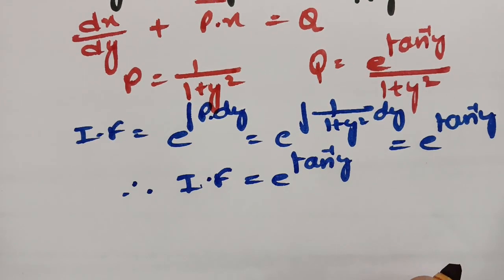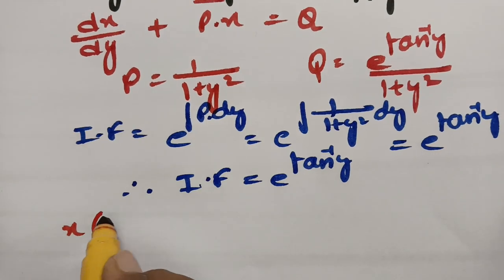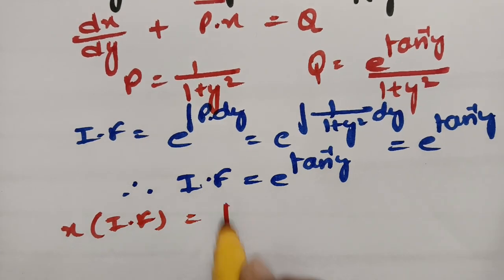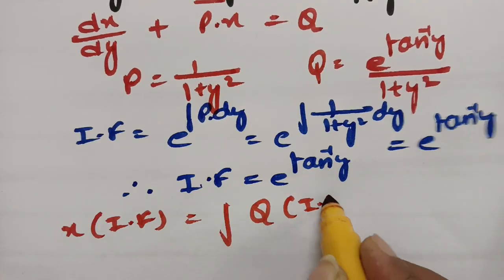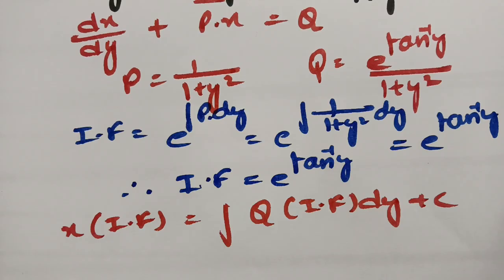And now what will be the solution here? The solution, as it is dx by dy, is x into the integrating factor equal to the integral of q into the integrating factor dy plus c. So all the values are ready here.